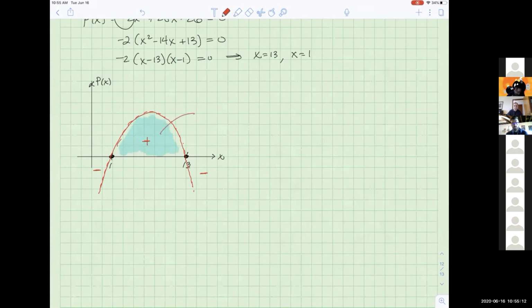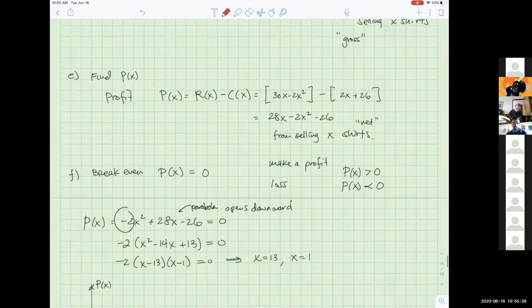So this is making money, and then losing money. Now, it might be counterintuitive. You probably think the more shirts that you sell, the more money you're going to make, but not in this model.